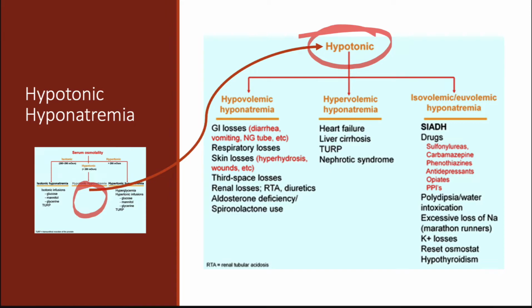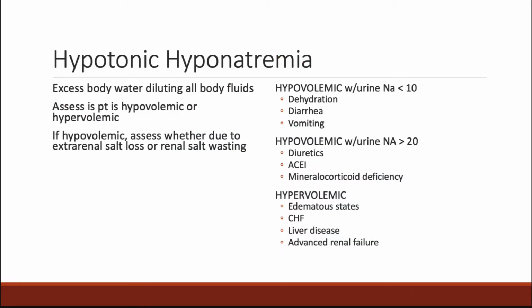The hypotonic hyponatremia is excess of all body water, and that dilutes the sodium, not all body fluids, but all sodium in the body. And we assess then whether the patient is hypovolemic or hypervolemic, keeping in mind that we have to know whether the fluid is in the interstitial space, in the intravascular space, which or both is the issue.